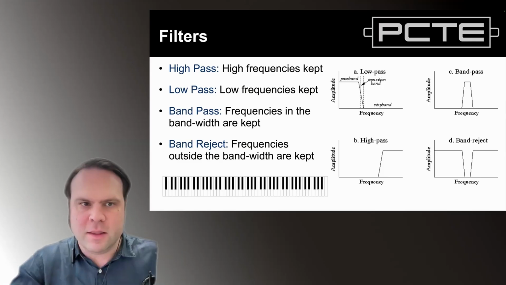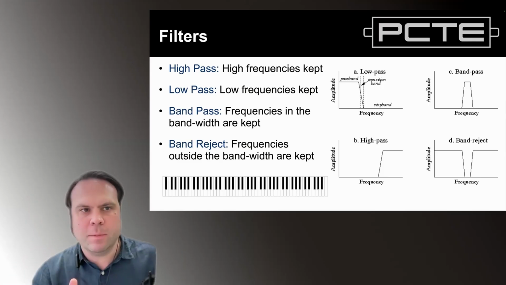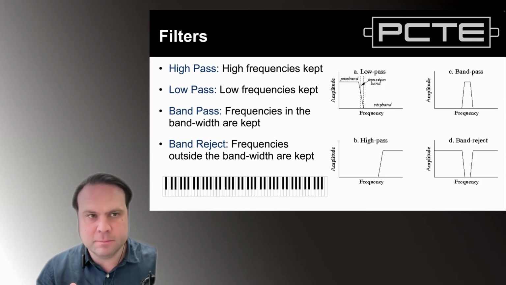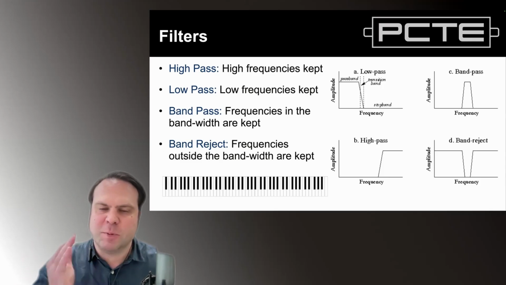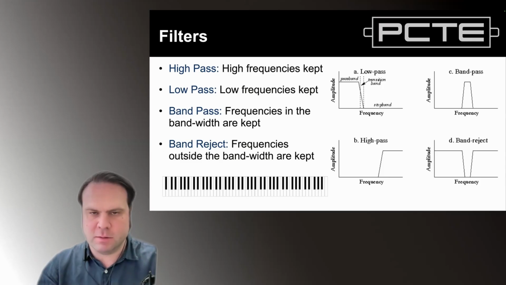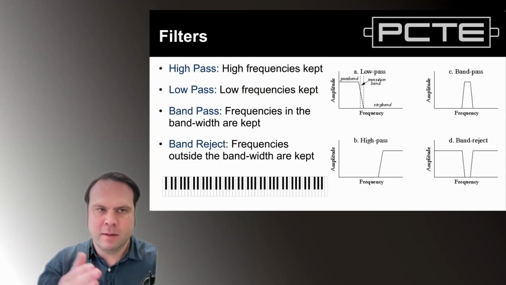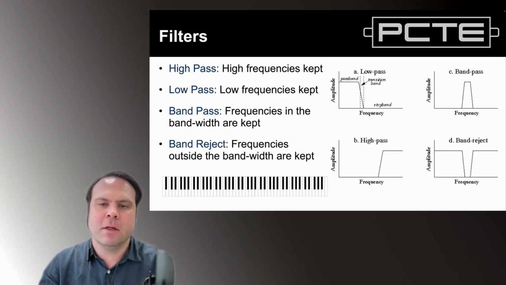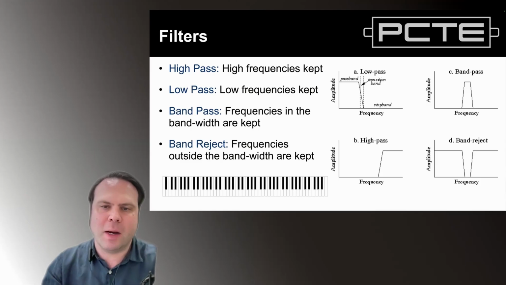So the high and low pass filters are specifically about allowing the frequency that passes. A high pass filter passes high frequency and stops, attenuates, or reduces low frequencies.